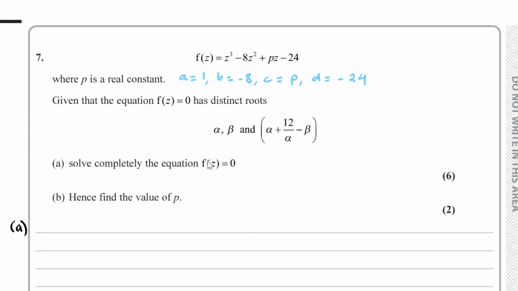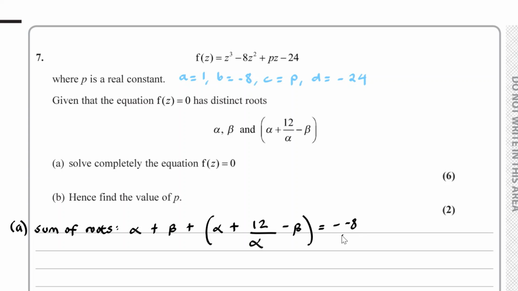So if we use the sum of roots, so if we add up the roots, alpha plus beta plus alpha plus 12 over alpha minus beta, we know that this is equal to minus b over a, so we have minus 8 over a, which is 1, which simplifies to 8.